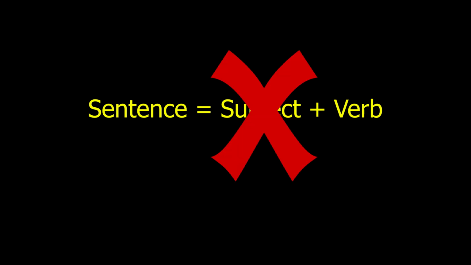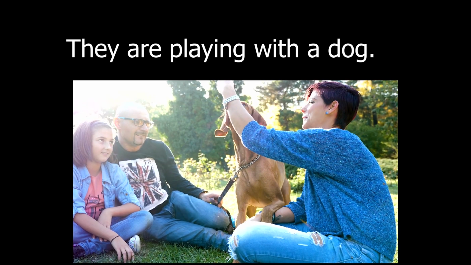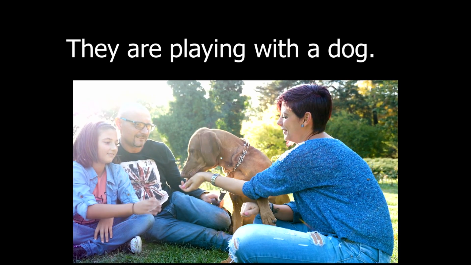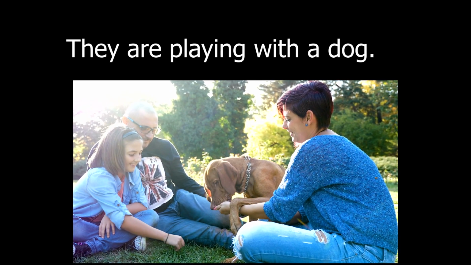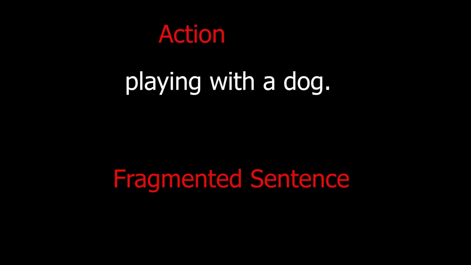Look at the previous example. They are playing with a dog. If we remove the subject, then it says playing with a dog. So we have the action, the predicate, but no subject. This is a fragmented sentence. Let's look at another example. Sings Christmas songs.